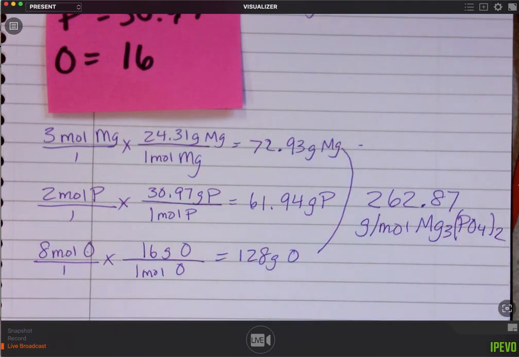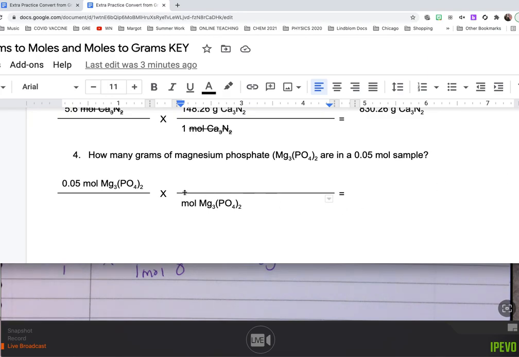Okay, let's go back to our work. So 1 mole is equal to 262.87 grams of magnesium phosphate.